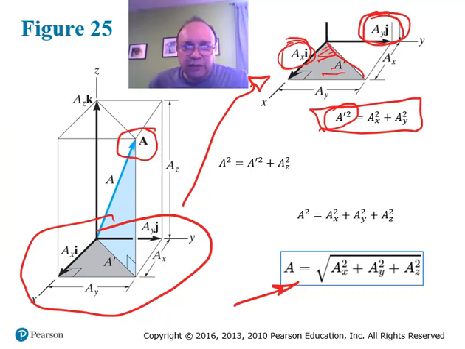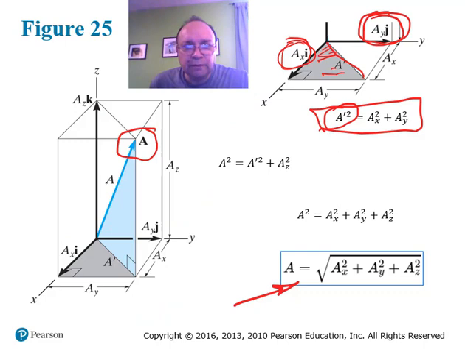Now, if we look at the whole picture here in 3D, now looking at this blue triangle, this blue triangle is also a right triangle. It has a right angle here.